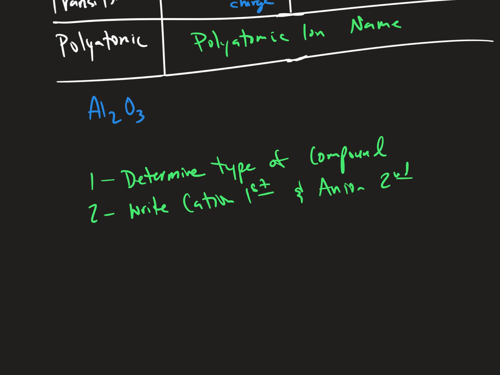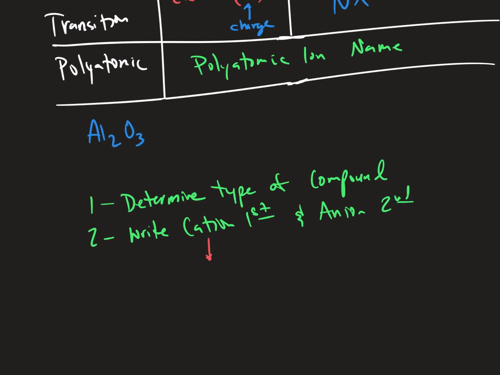Well, there might be a little catch. To name the cation, you have to know what kind of metal it is, right? So you know whether to name it with the Roman numeral. So just make sure you watch that.